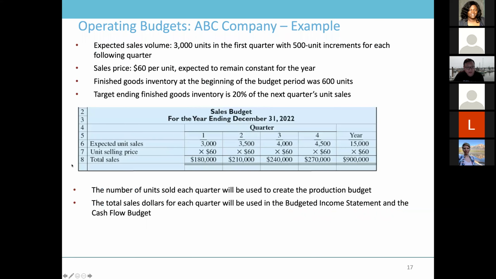So for the total sales, you just use expected unit sales times unit selling price, and that's how you get 900,000 for the year. Is this clear? It's pretty straightforward for the sales budget.